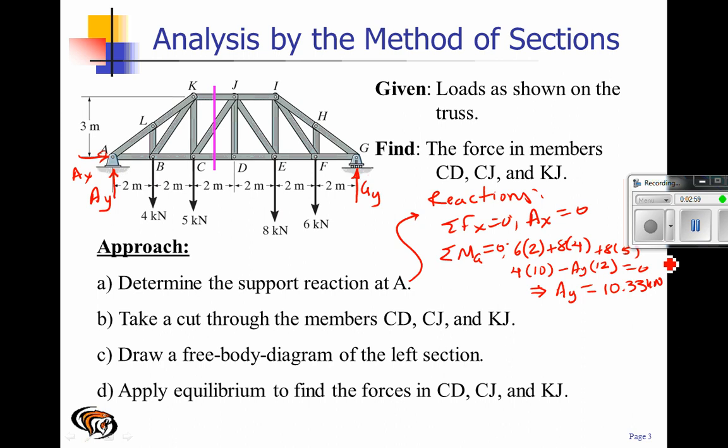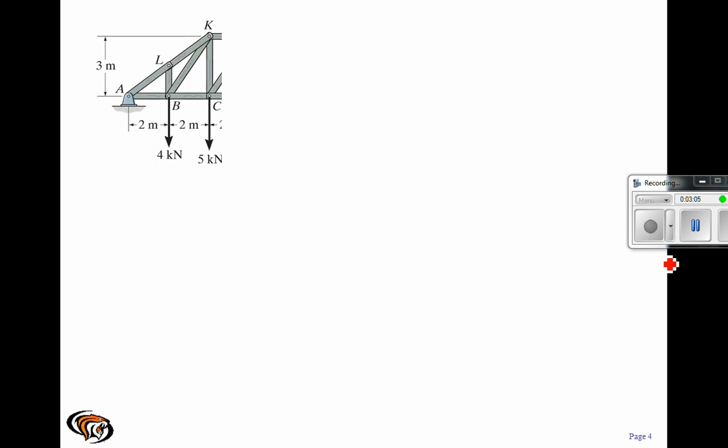So now that we have the reactions at A, we can go ahead and isolate the left portion, or the left section, where we have a reaction at A of 10.33 kilonewtons. And now that we have cut through these members, we can draw the internal forces. This is force CD.